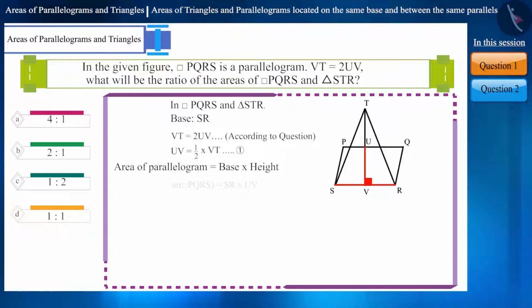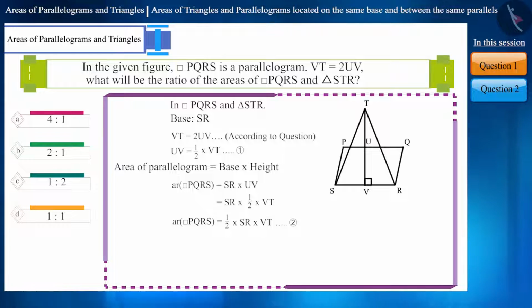We can place their values in the formula for the area of quadrilateral. We can write it like this using equation 1. By simplifying, we will get, let's call it equation 2.